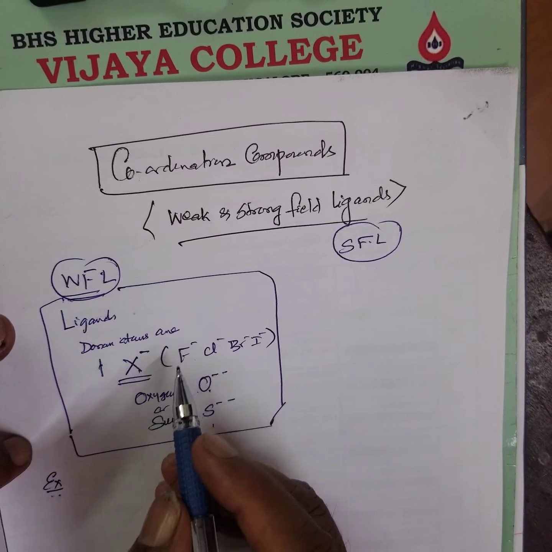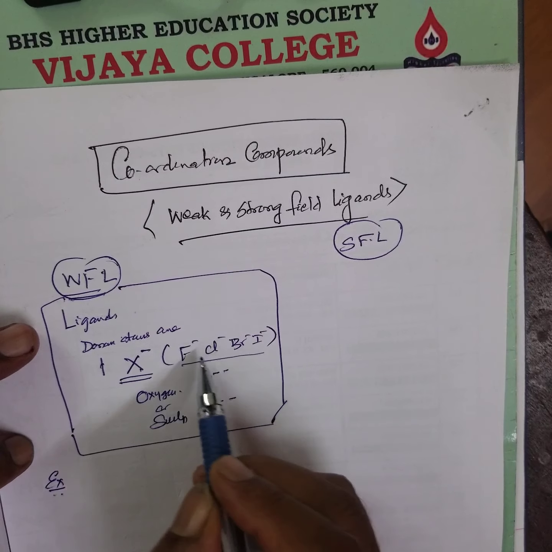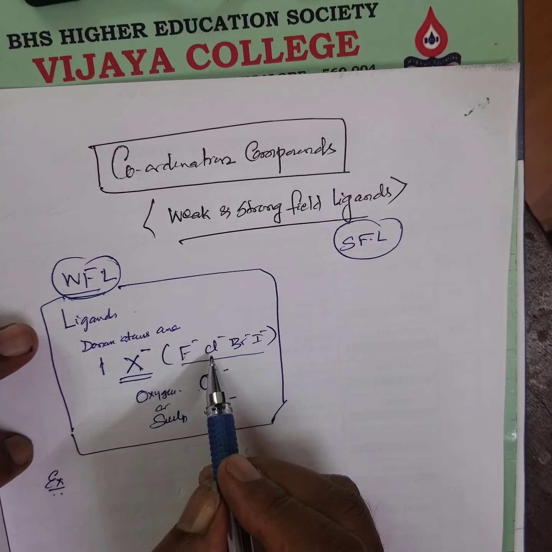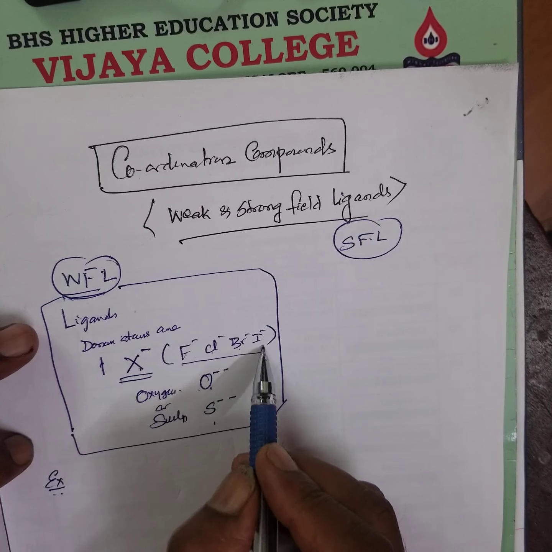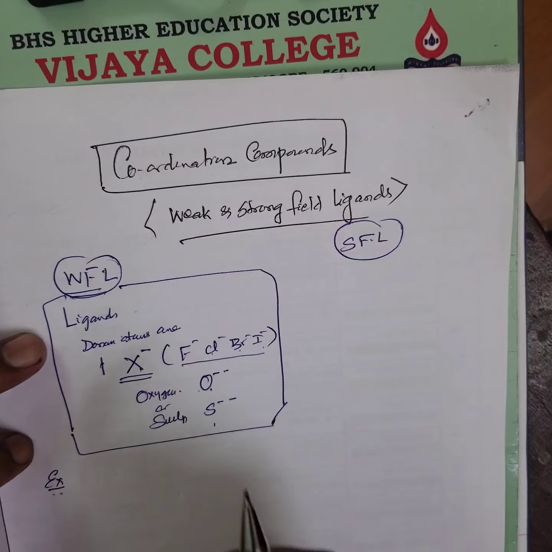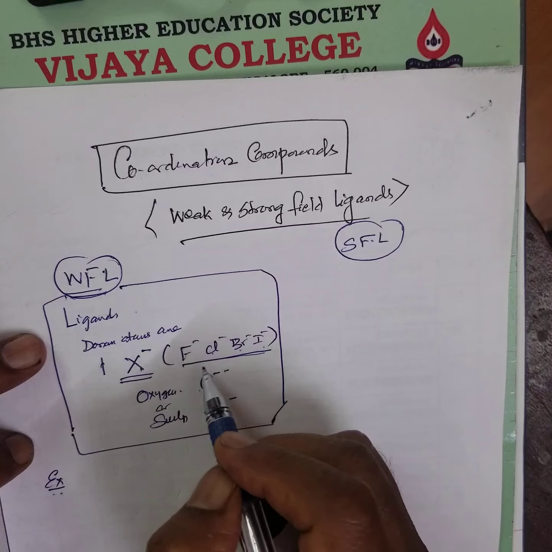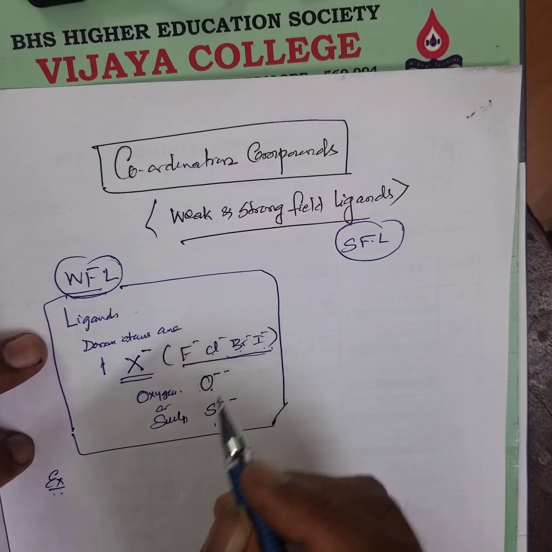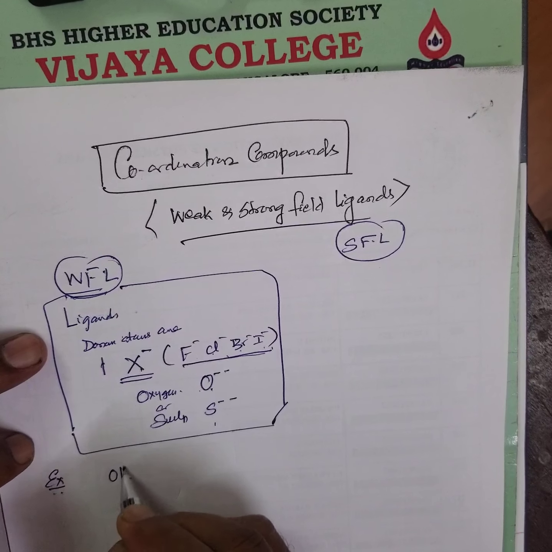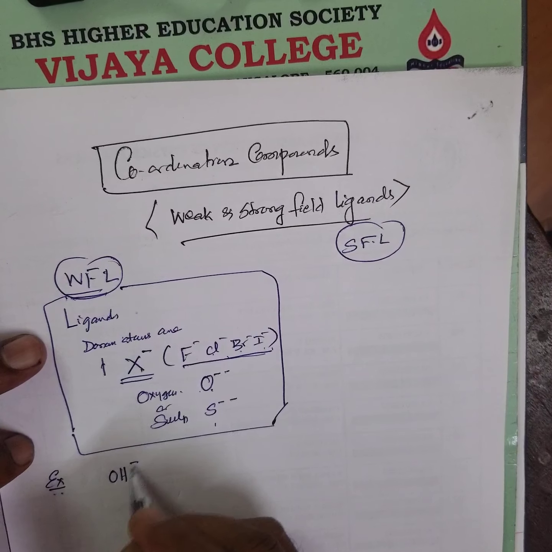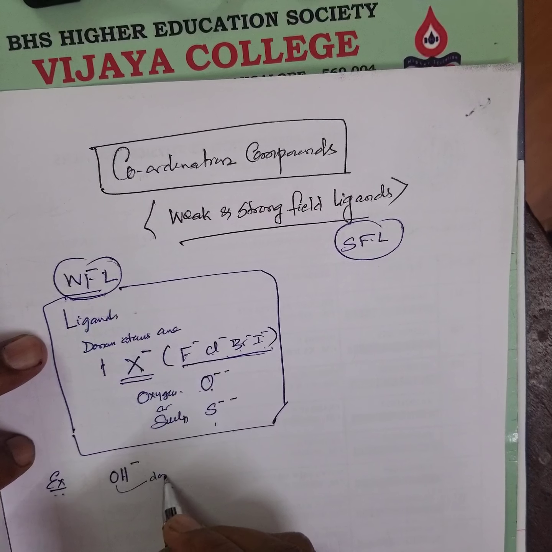See the examples: fluoride, chloride, bromide, halogens. Halogens are salt forming compounds. This is called weak field ligands. Even OH, here oxygen is the donor.